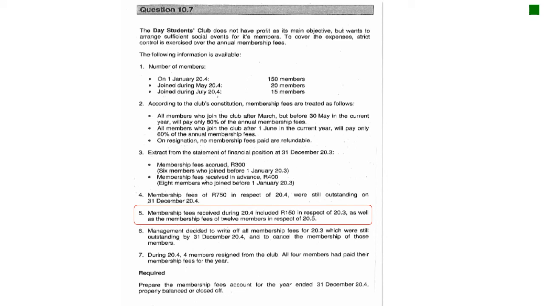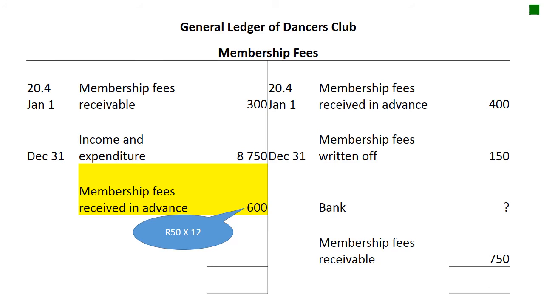We can also see that there were 12 members who paid membership fees in advance in respect of 2005. So we can show that as membership fees received in advance in our membership account. In our membership fee account, we're going to take this 600 Rand out of the account because this will be included in the bank amount here.